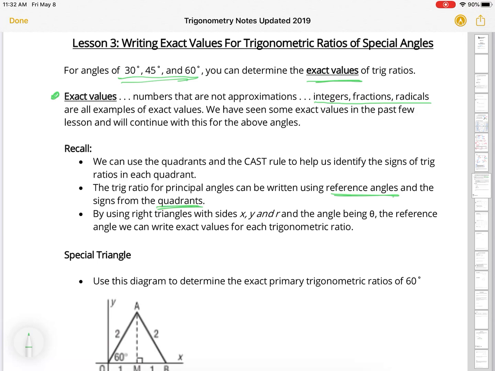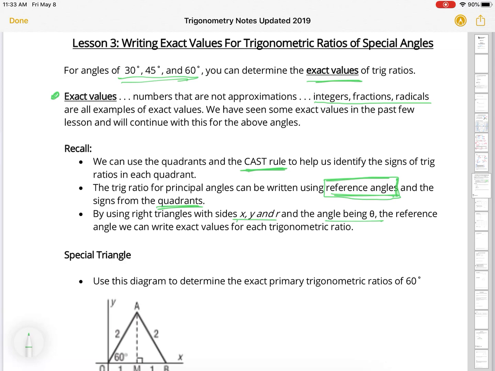The trig ratio for the principal angles can be written using the reference angles and the signs from the quadrants. So those are the two things you need to know: you have to use the CAST rule and you need to use the reference angles, okay?